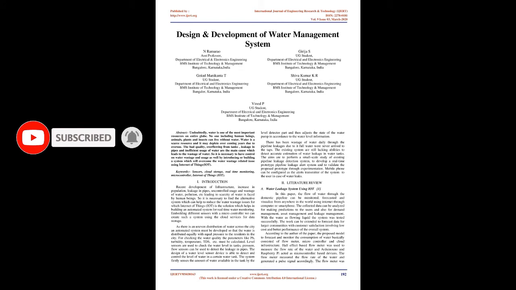The work can be extended to forecast data for larger communities with customer satisfaction involving low cost and better performance of the overall system. According to the author of the paper, the proposed model to forecast and monitor the consumption of water basically consisted of a flow meter, microcontroller, and cloud infrastructure.